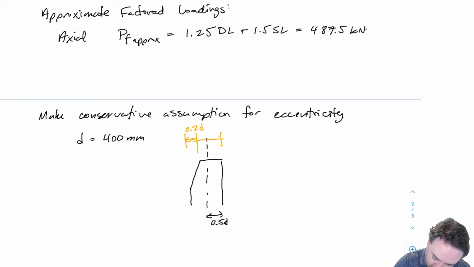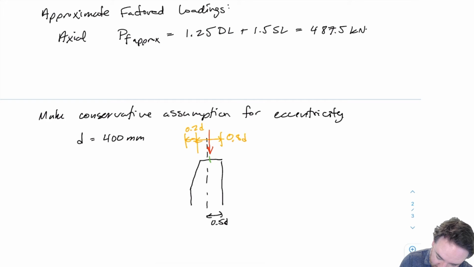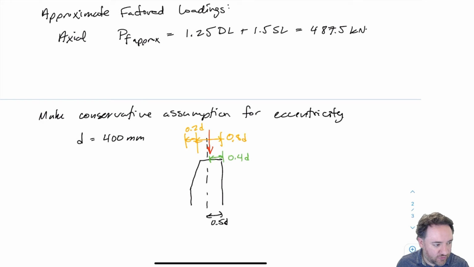Therefore, this distance here is 0.8 D. Okay, so we said that the load is coming at the center of the top flat surface. That was given in the question. So that means that it is going to be halfway of 0.8 D, which means it is going to be 0.4 D from this edge. So the load is 0.4 D from the edge.